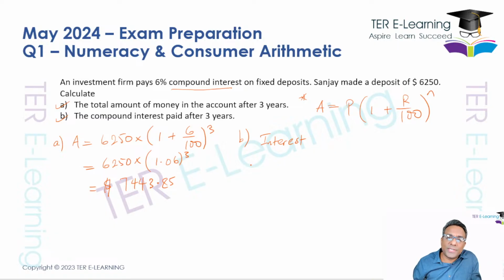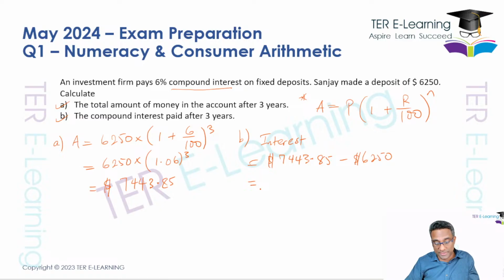What you need to do is take the total amount that you have now in the investment, which is 744.385, and you're going to minus what the investment was, which in this case was 6,250. I know for some of you this is the first time you're seeing this, but take note of this. Minus 6250.